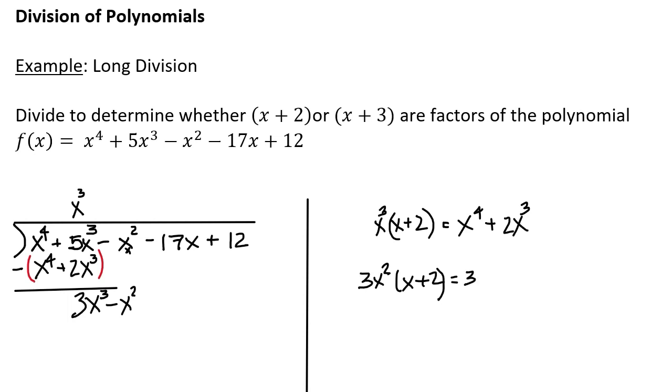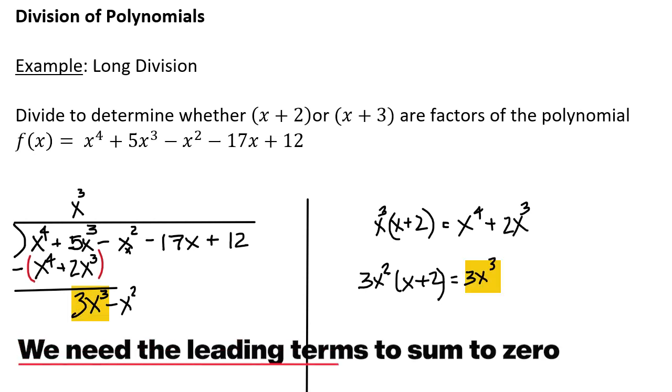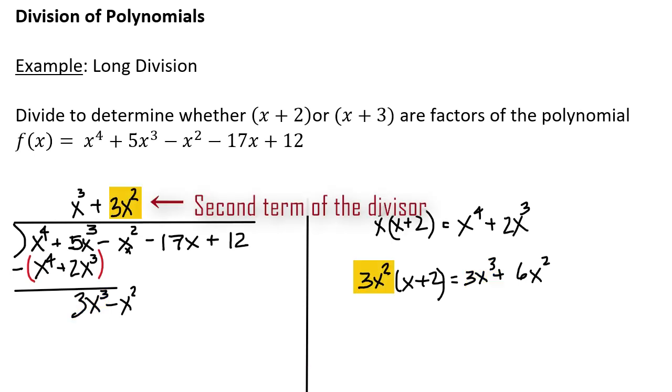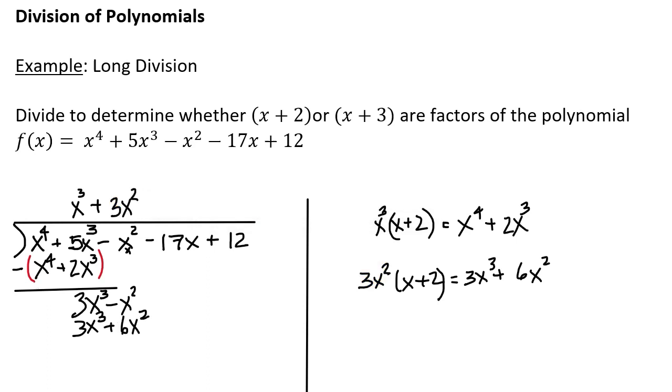So that will be 3x cubed plus 6x squared. I want to subtract those. So I have 3x cubed minus 3x cubed, that's 0. Negative x squared minus 6x squared, so that's negative 7x squared.